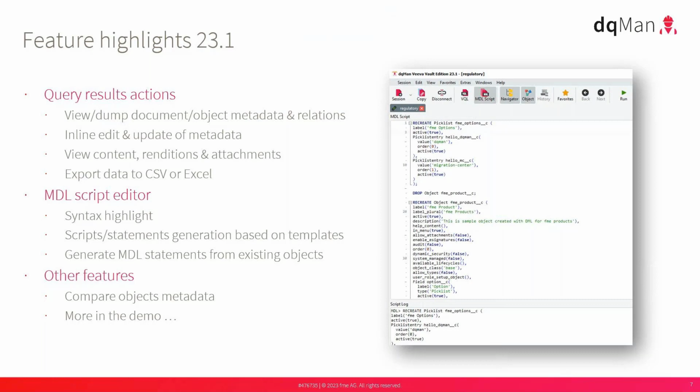You can edit and update the metadata inline in the results grid. You can view the content, edition, and attachment. You can even delete some documents or objects. And you can export data to CSV or Excel.